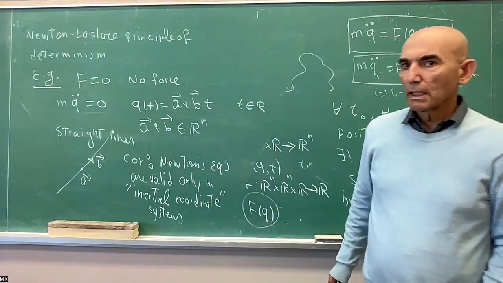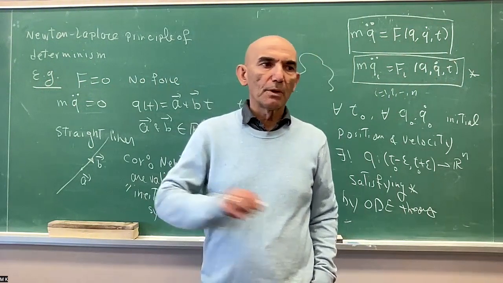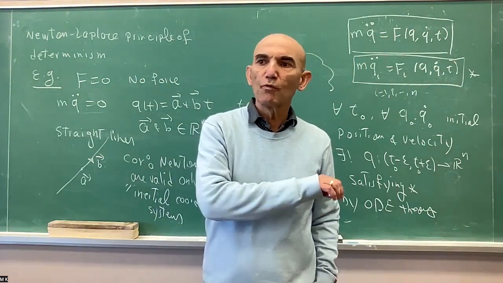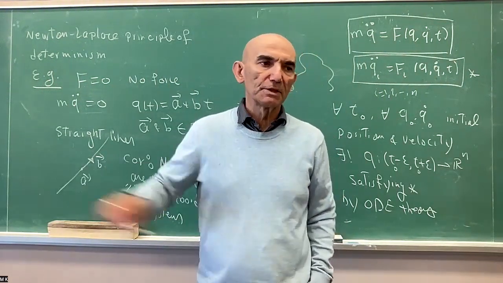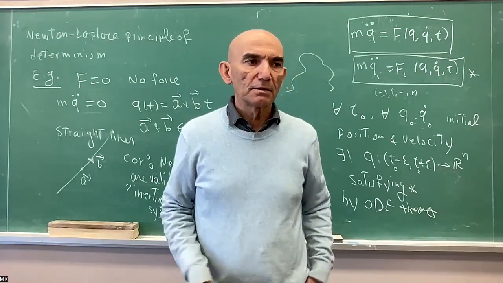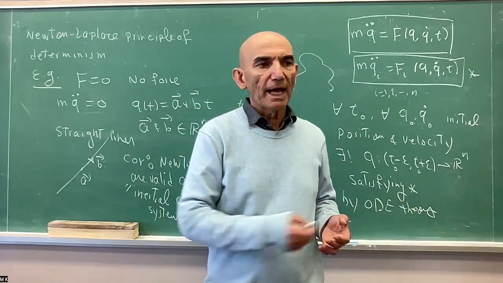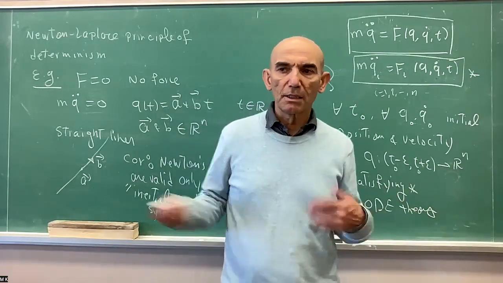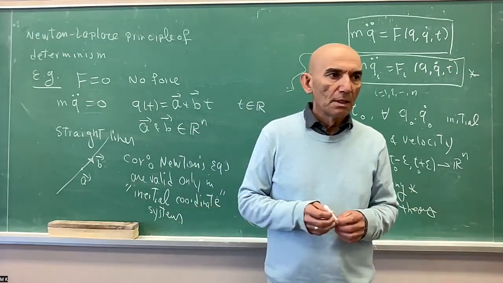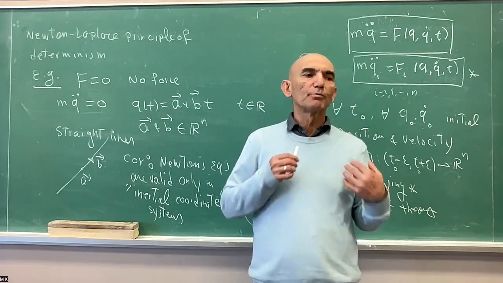So Newton's equations are not true, for example, in a train that's moving with acceleration with respect to a train station. Because if you are in a bus, for example, the bus is accelerating for a while, right? And there are no forces, but you feel force on yourself. You feel that you're pulled back.